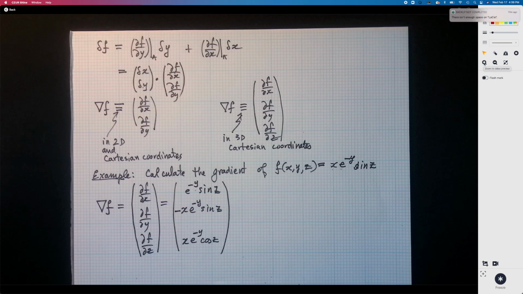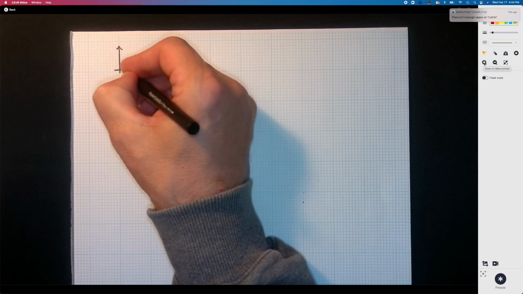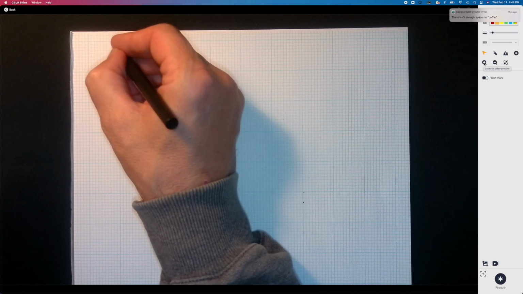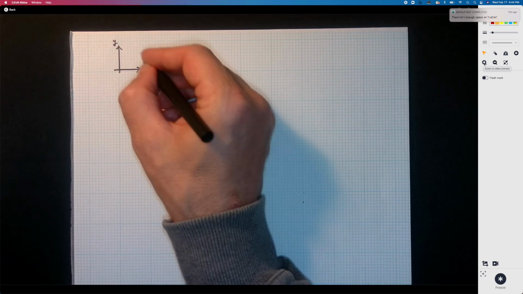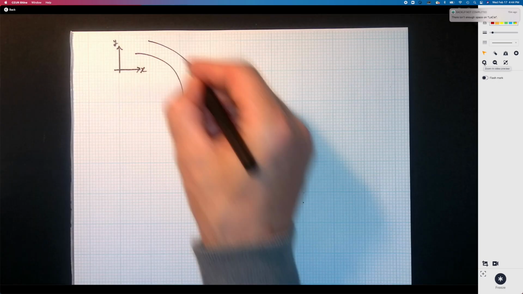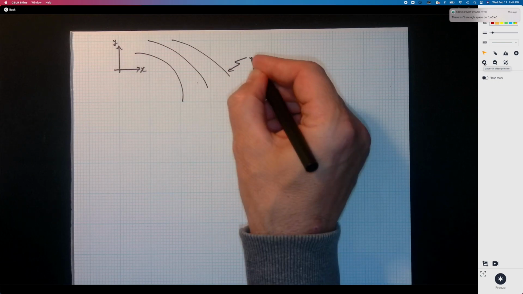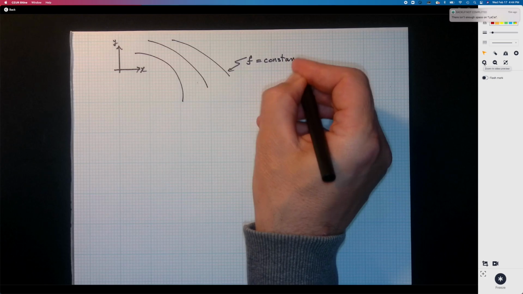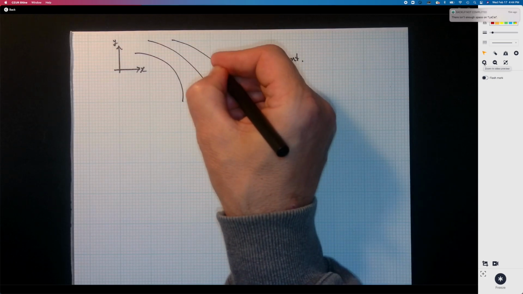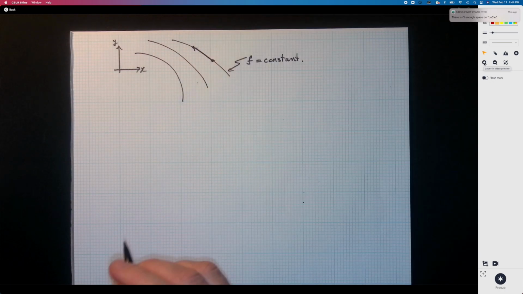So to see what the meaning of the gradient is, let's go back to our 2D example, y and x, and suppose we have contours of constant f. And we pick delta r to be aligned with the contour.